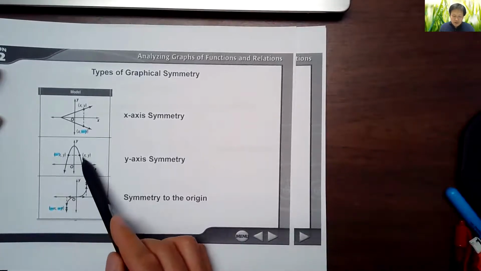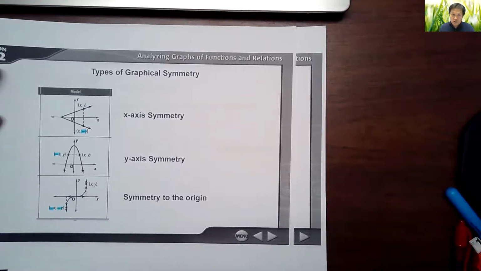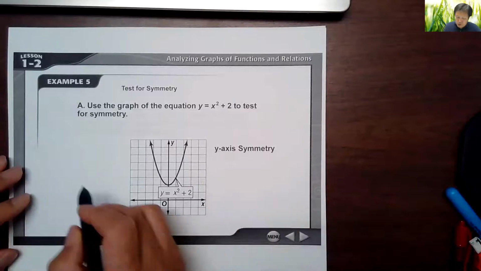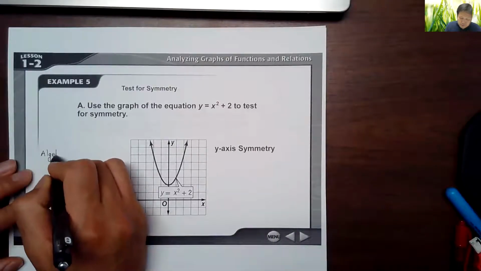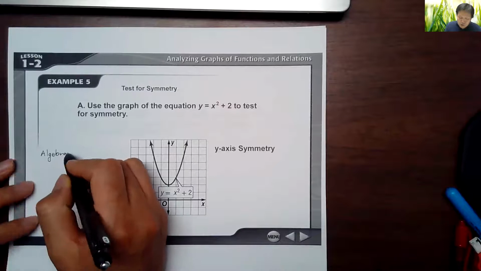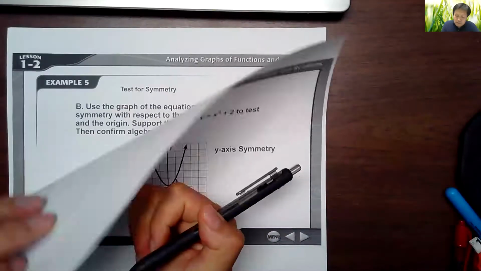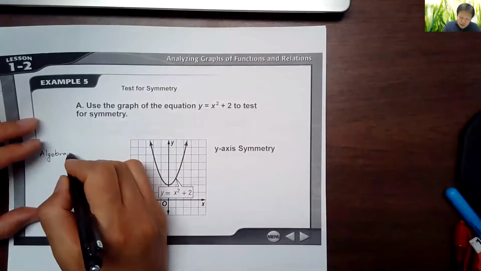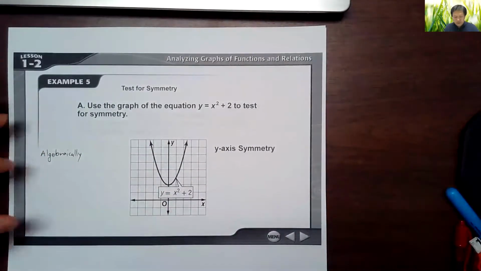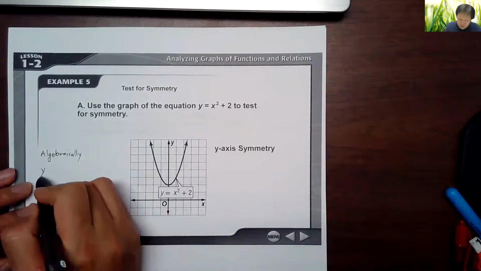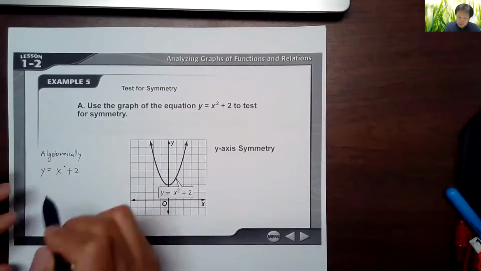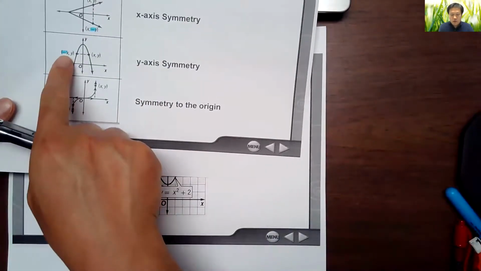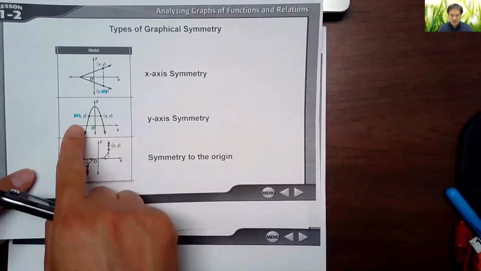Plug in minus x instead of x into the equation, then show the equation doesn't change. Algebraically, start with the original equation. For y-axis symmetry, what are you supposed to do? Plug in minus x instead of x.